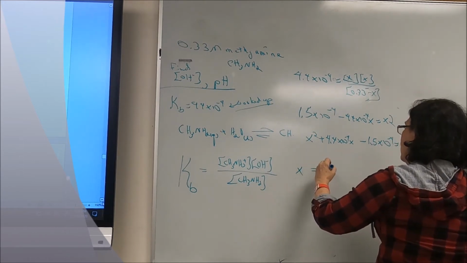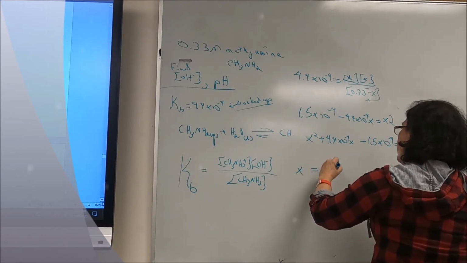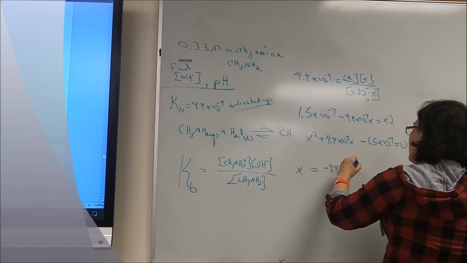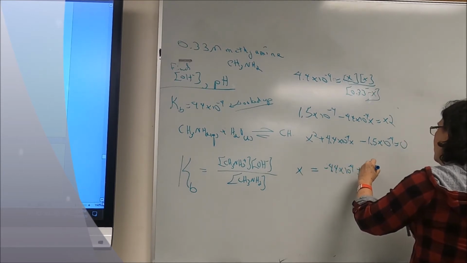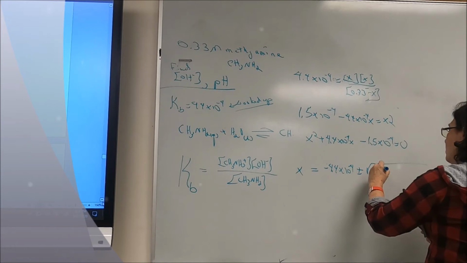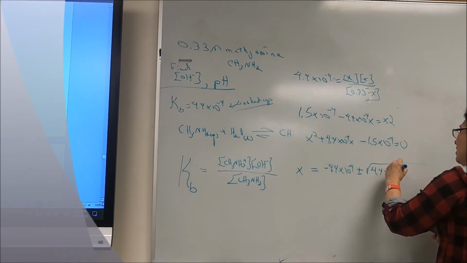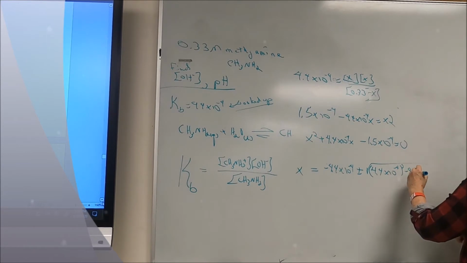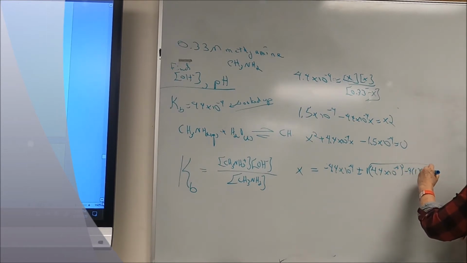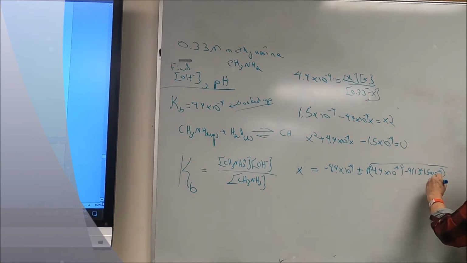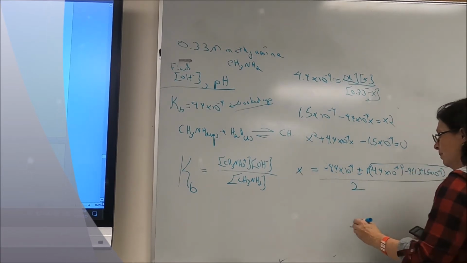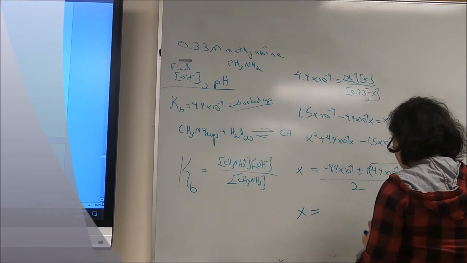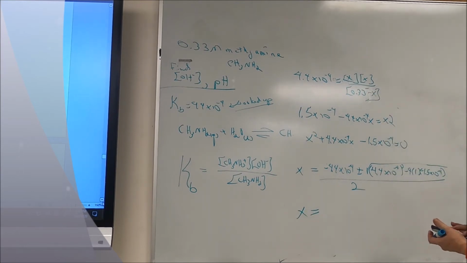So x is going to equal negative 4.4 times 10 to the minus 4 plus or minus the square root of 4.4 times 10 to the minus 4 squared minus 4 times 1 times the minus 1.5 times 10 to the minus 4, all over 2. So let's do it.